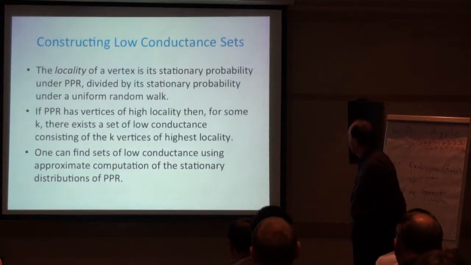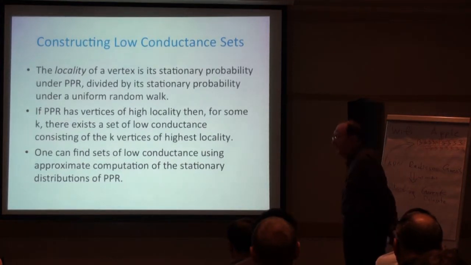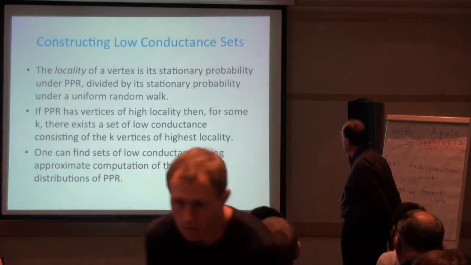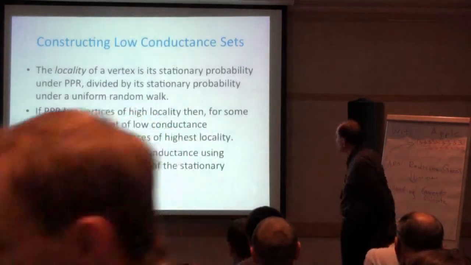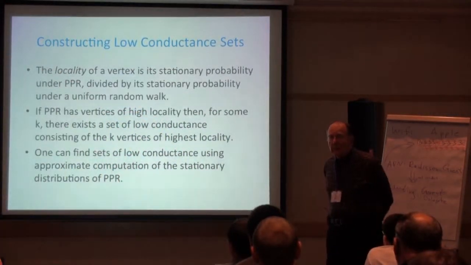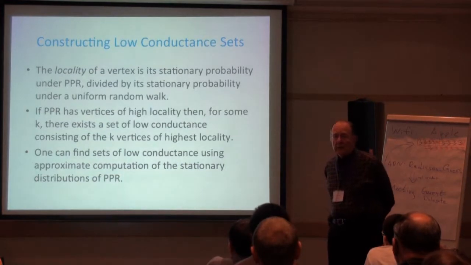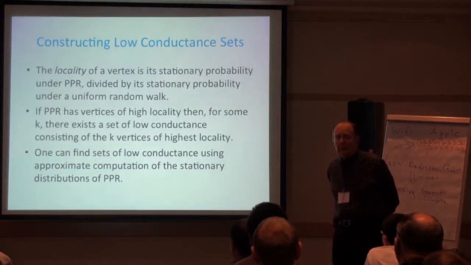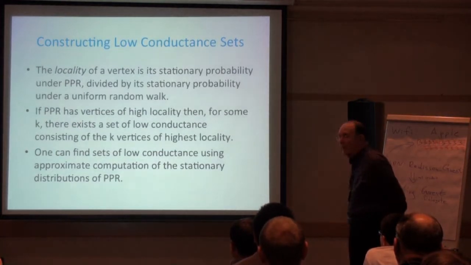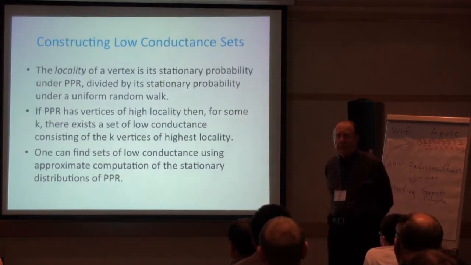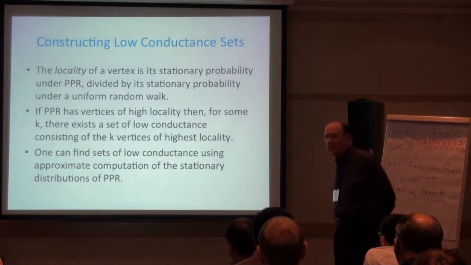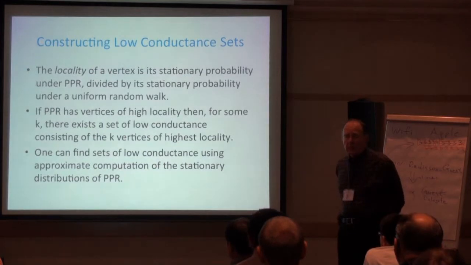Theoretical work by a number of people has shown something along the following lines. If we define the locality of a vertex as the ratio between the stationary probability of that vertex under the personalized PageRank random walk, which remains in the locality of the seed vertex, divided by the stationary probability under our uniform random walk, which is just the degree of the vertex, then we can rank the vertices according to locality in order of this ratio.